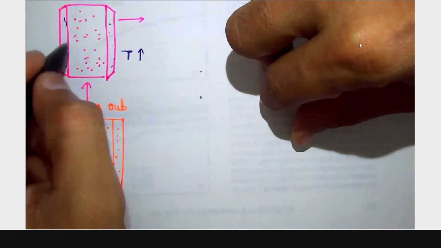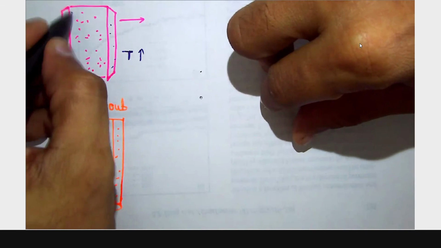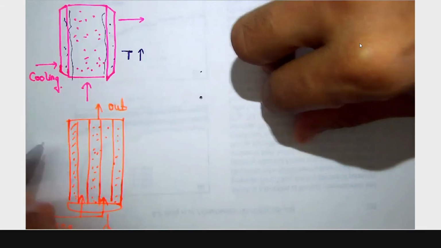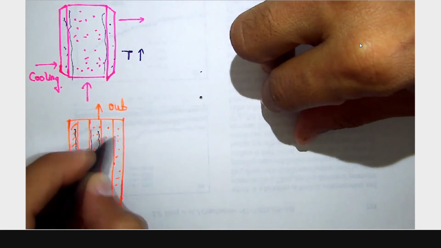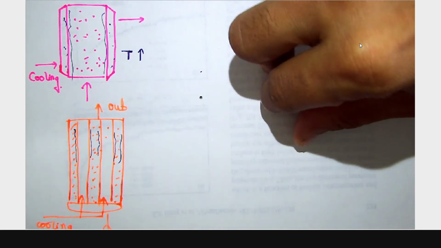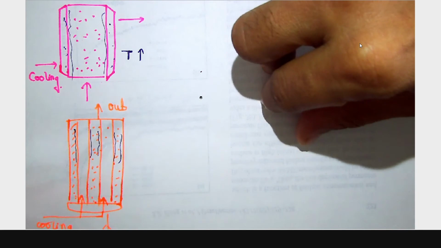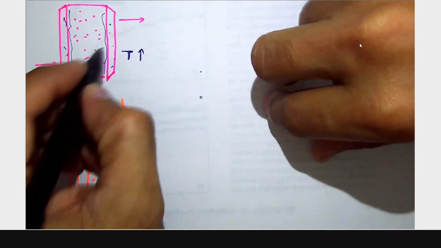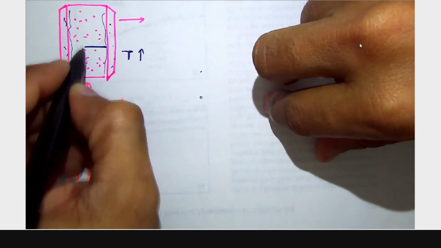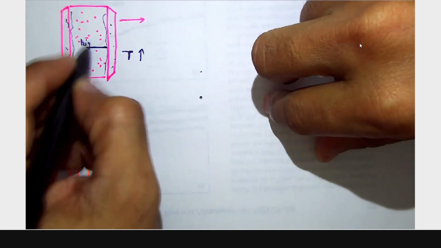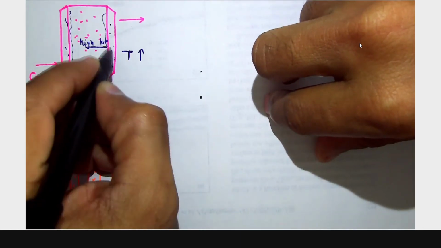So what will happen? At this surface, or near to this one, the wall will be cooled first and then so on. So there will be a significant temperature difference. That means here will be high and here will be low temperature, which is somewhat equivalent to the coolant.